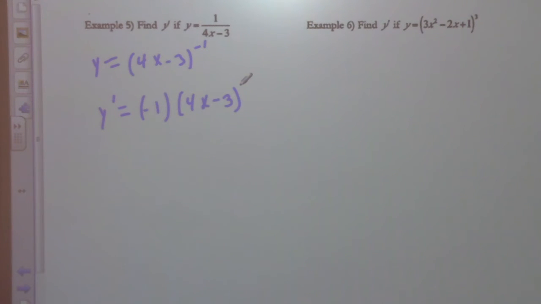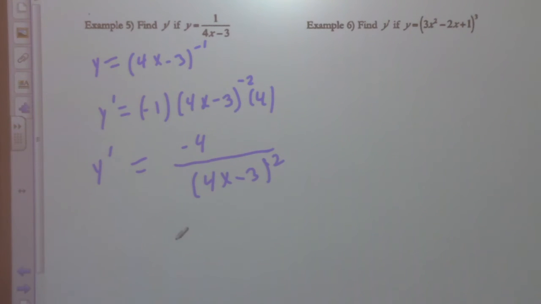Negative 1 minus 1, negative 2. Negative 2, thank you. And the derivative of the inside? 4. So we get negative 4 over (4x - 3) squared.